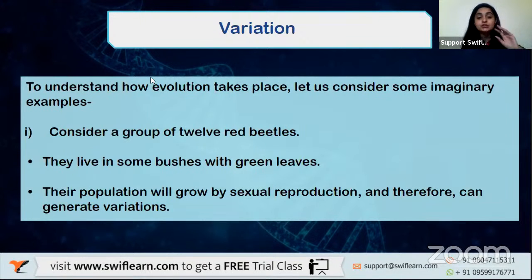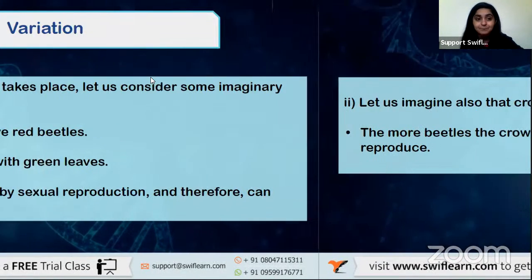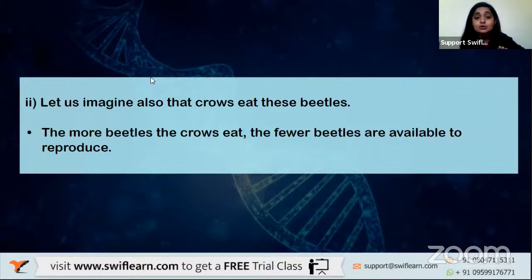Now, the population will grow by sexual reproduction, of course, and therefore can generate variations, right? We studied in our past class that when they reproduce there can be a variation in the species. Let us imagine also that crows eat these beetles, or sparrows or whatever, birds eating those beetles on the trees.